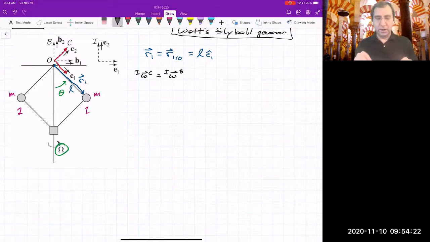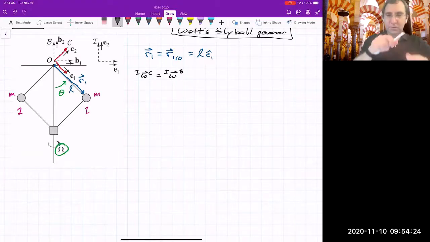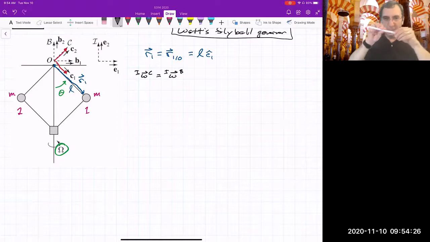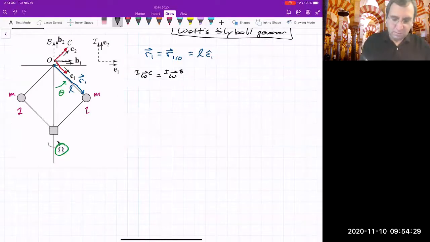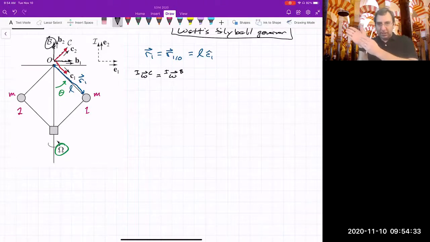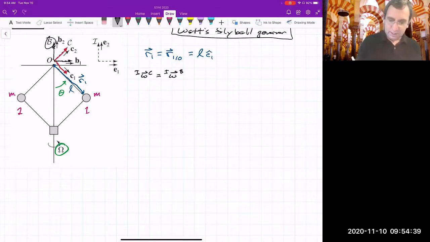Think of the B frame as, instead of C1 pointing down, having a direction that's just pointing this way, but it's still rotating. So B is rotating. It's the plane that these two masses are in as they rotate around according to the motor. And so this is omega B2. So it's got a rotation rate omega and an axis B2.